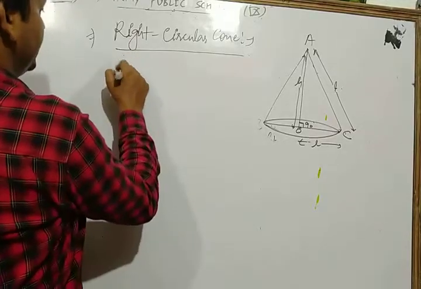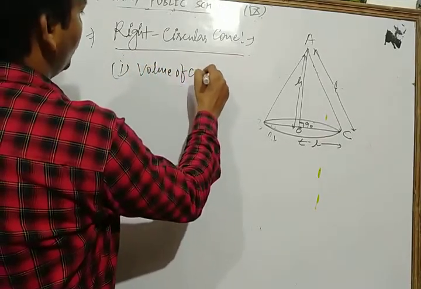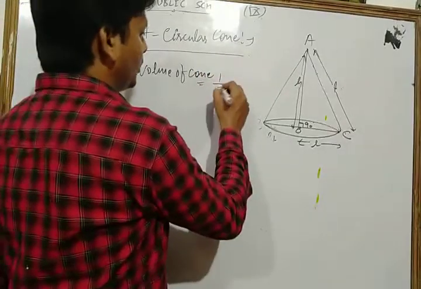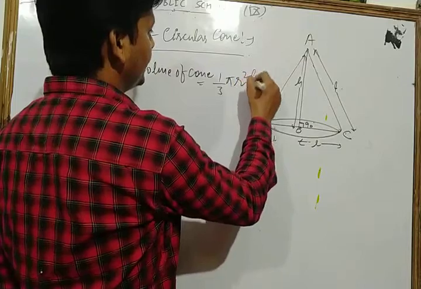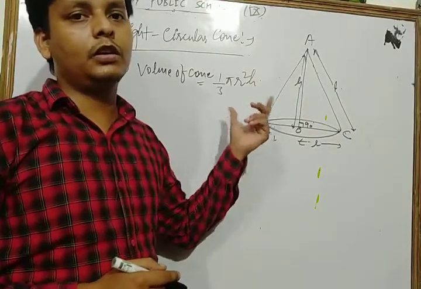The first formula is the volume of the cone. The volume of the cone is 1/3 pi r square h. This is the formula for the volume of the cone.